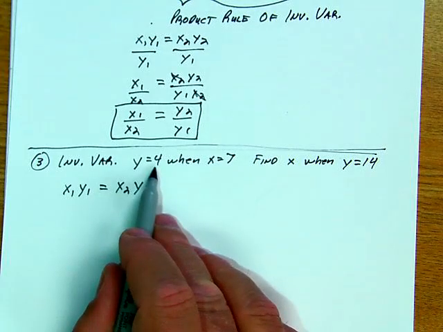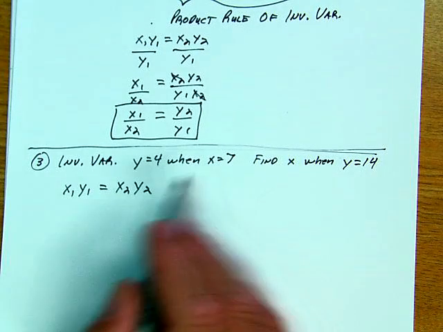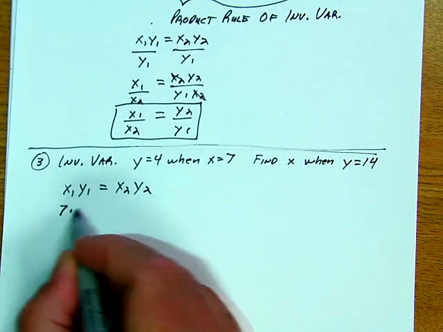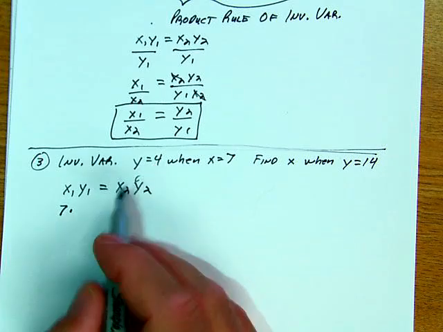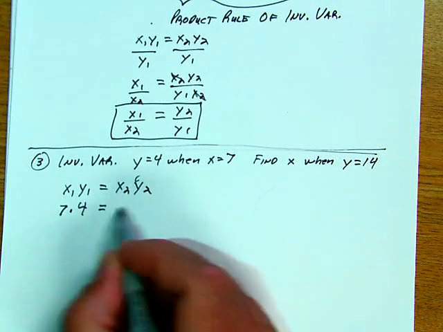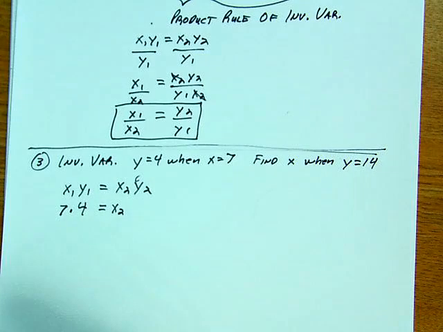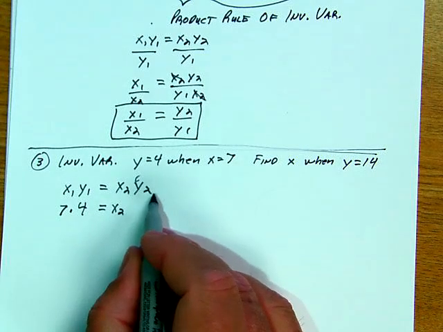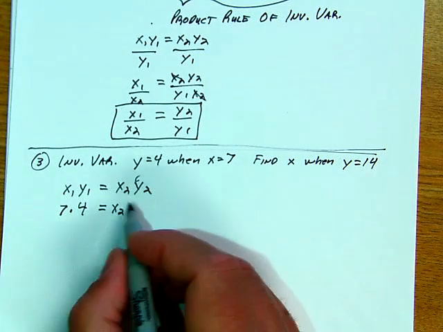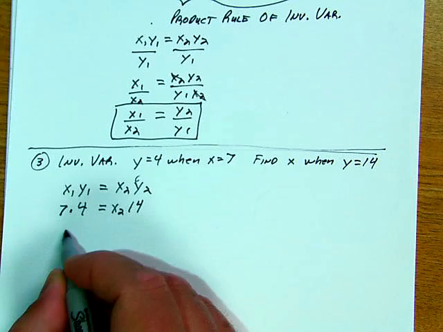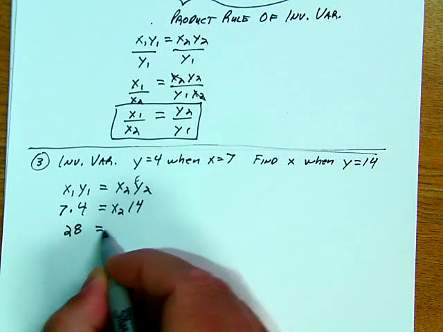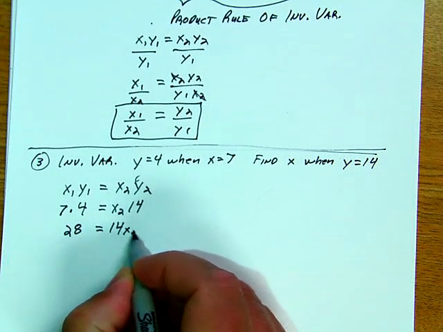Well, x1 is 7 times y1, which is 4, is equal to x2. Well, x2 is what we're looking for, and y2 is 14. So we can rewrite that as 28 is equal to 14 times x2.